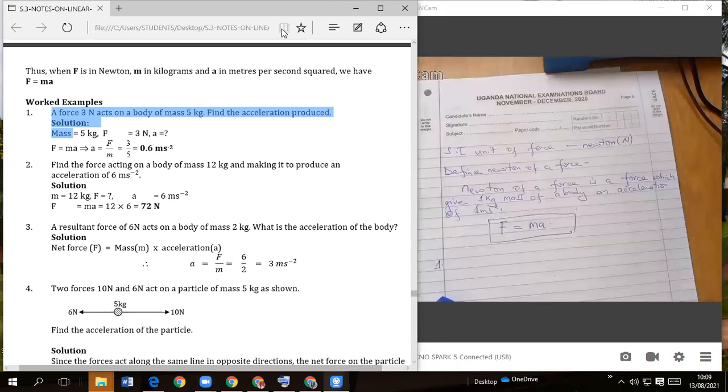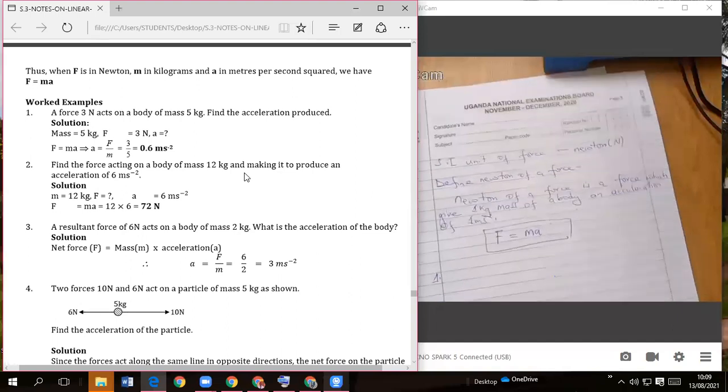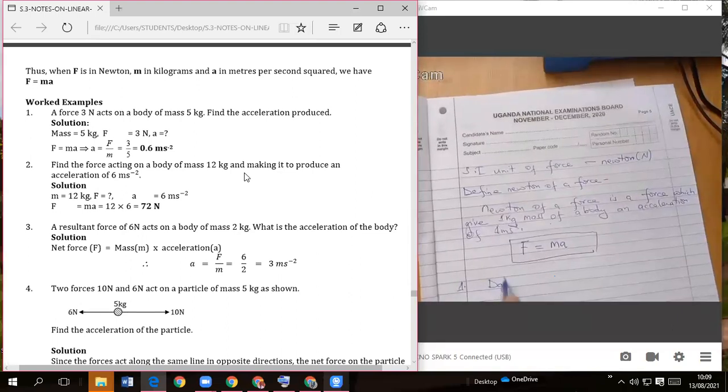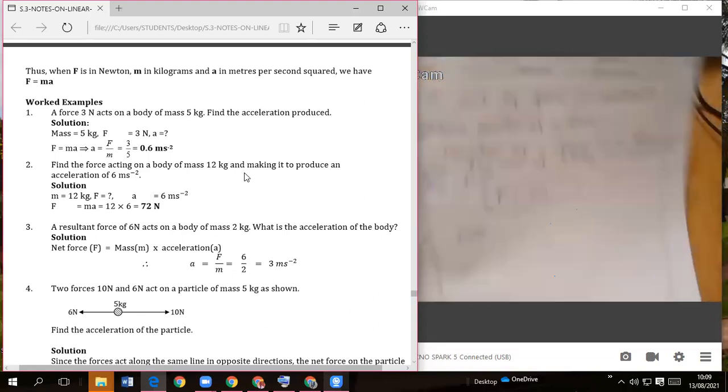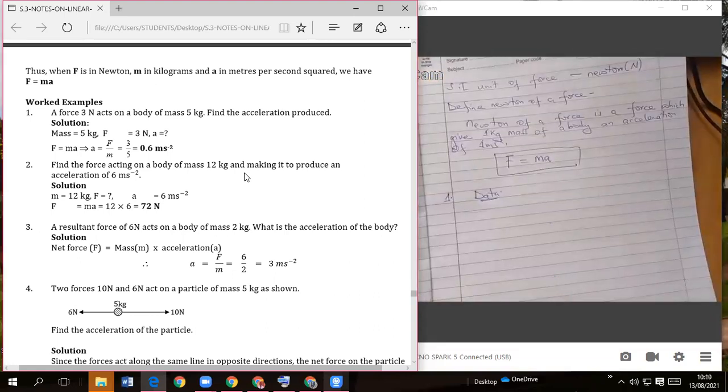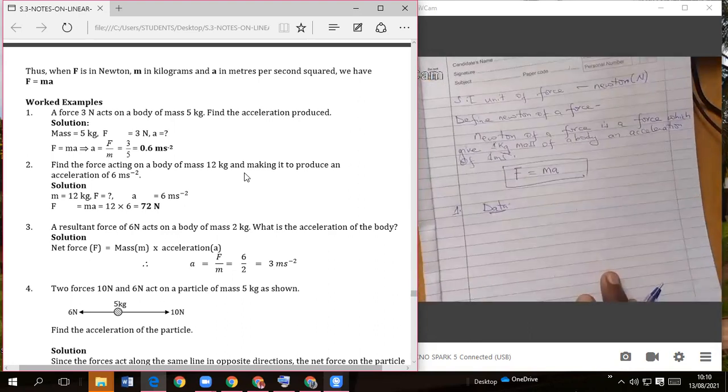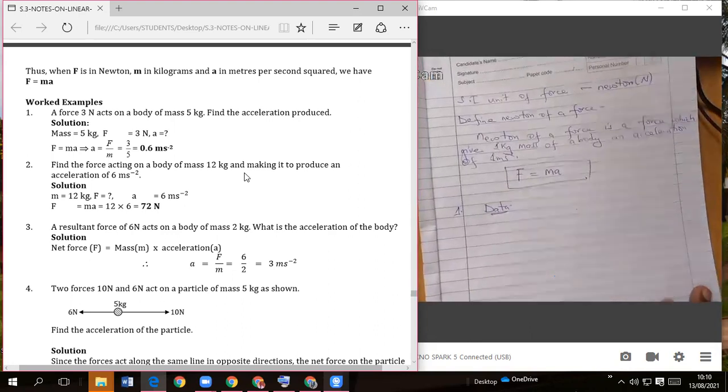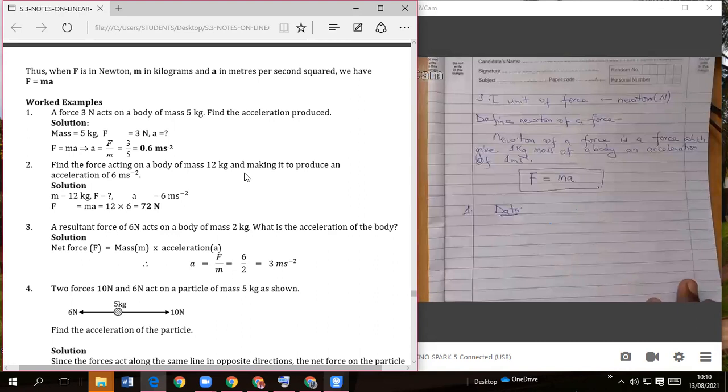Lynette, can you take us through number 1, please? A force of 3 newtons acts on a body of mass 5 kilograms. Find the acceleration produced.